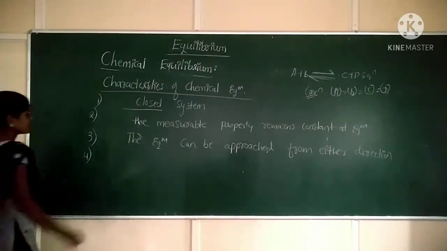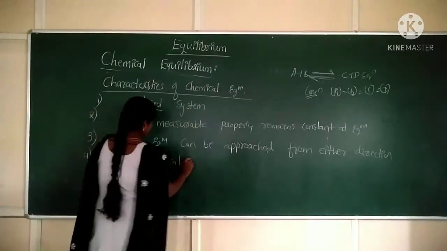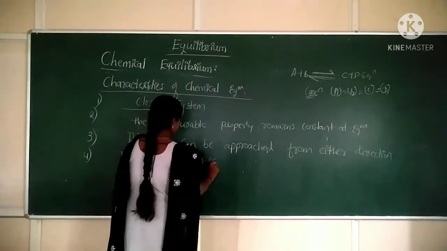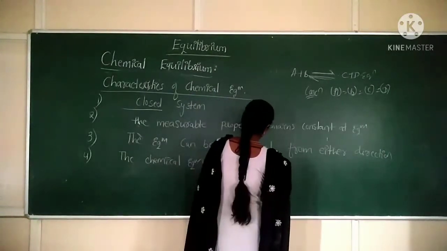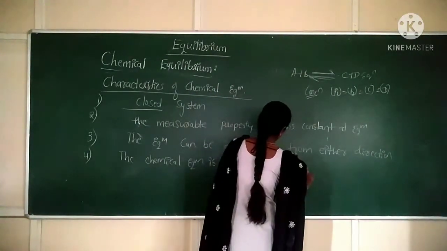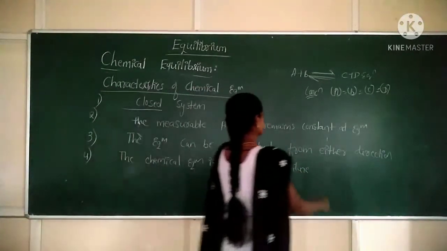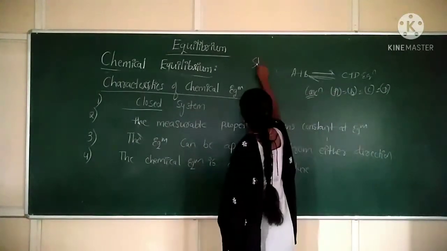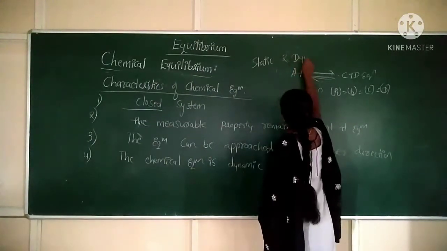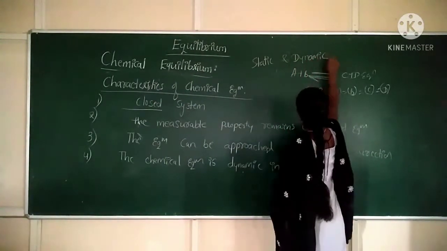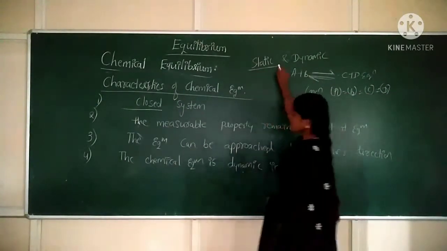The fourth characteristic is that chemical equilibrium is dynamic in nature. We might have heard the words static and dynamic. What is static? Static means no process will occur.